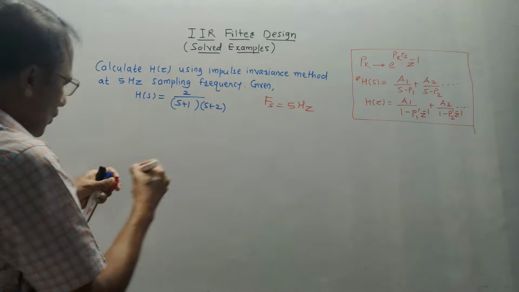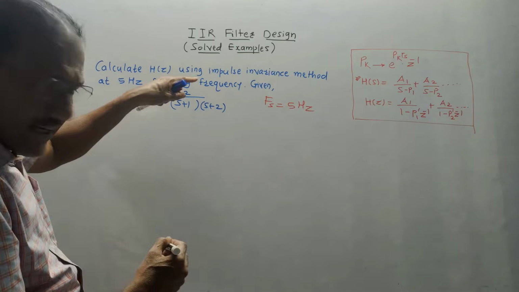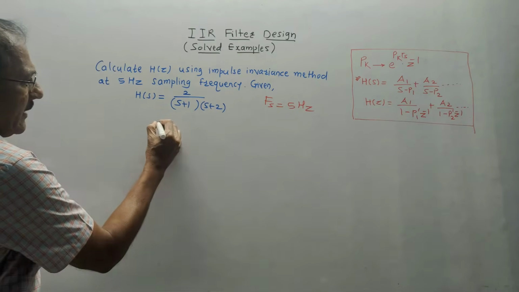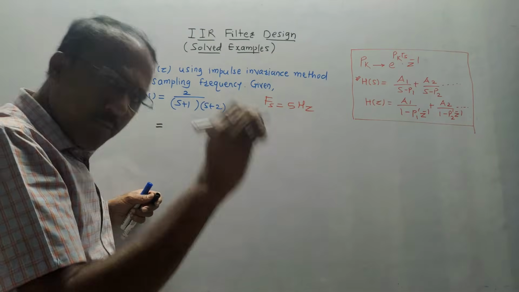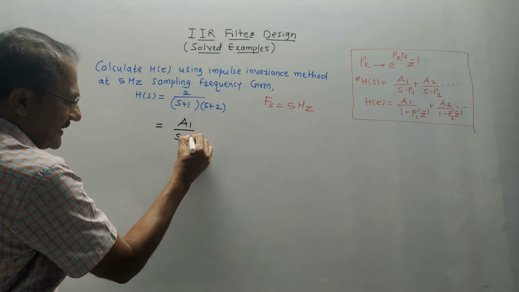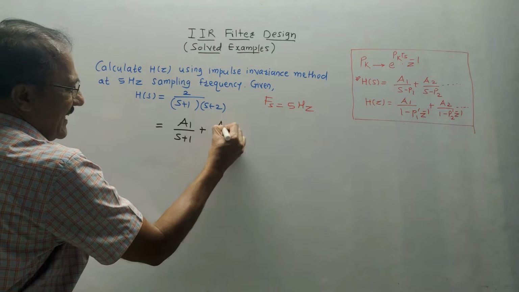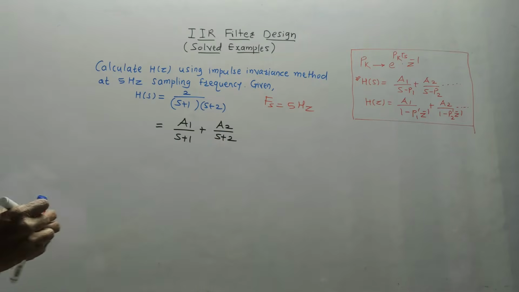How to do it? Similar to partial fraction expansion, we can express the given equation in PFE, that is partial fraction expansion form, as A1 upon the first bracket, that is s plus 1, plus A2 upon the second bracket, that is s plus 2.